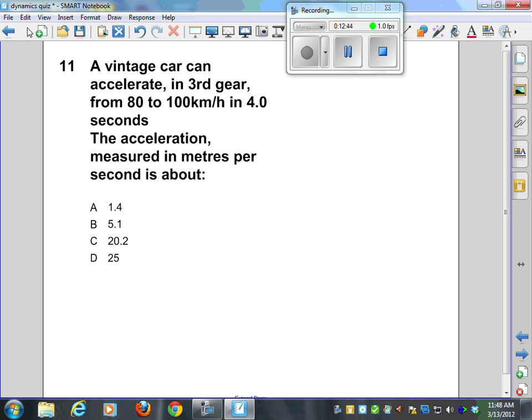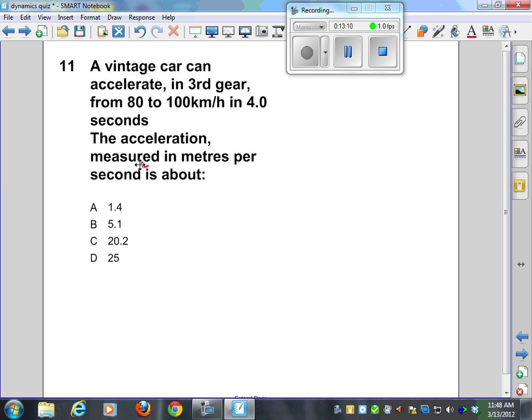Number 11. A vintage car can accelerate in third gear from 80 to 100 in 4 seconds. The acceleration measured in meters per second is about. Now, it should be per second squared, shouldn't it? Do I have to convert my 80 and my 100? Because they're in kilometers an hour. Do I technically need to convert them?